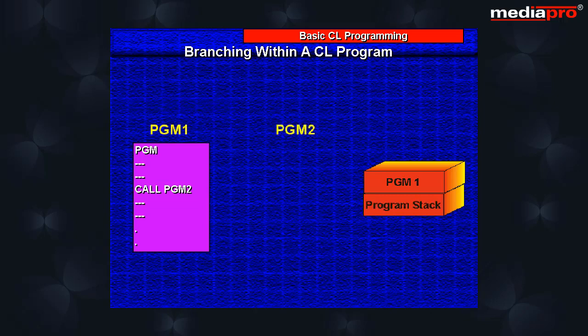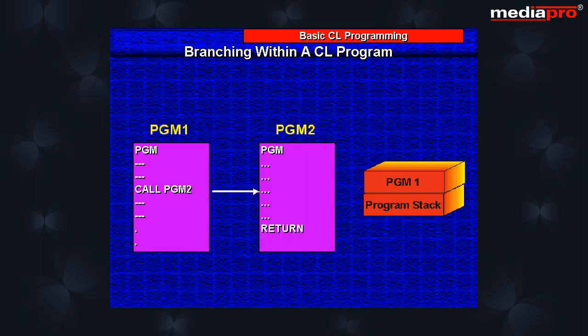It then passes control to the program identified on the call command. The main program is referred to as the calling program, and the program to which control is passed is called the called program. The called program starts executing, and when it finishes, it will return control back to the calling program.